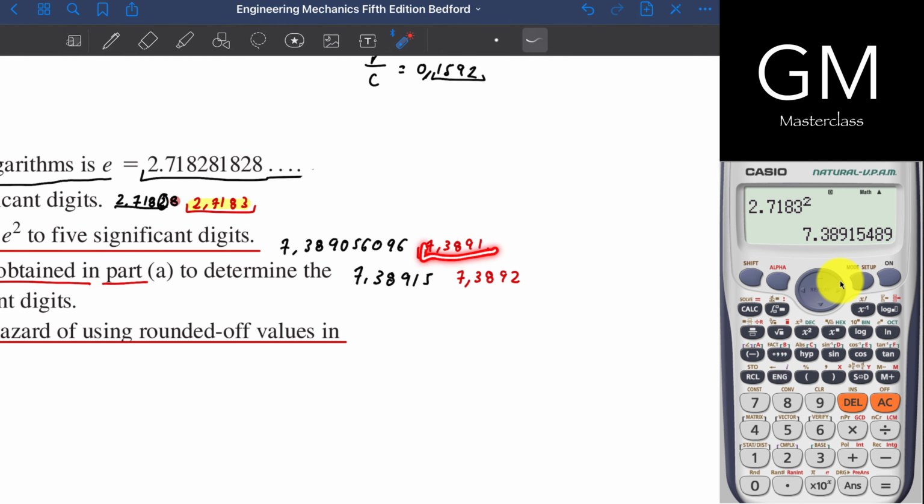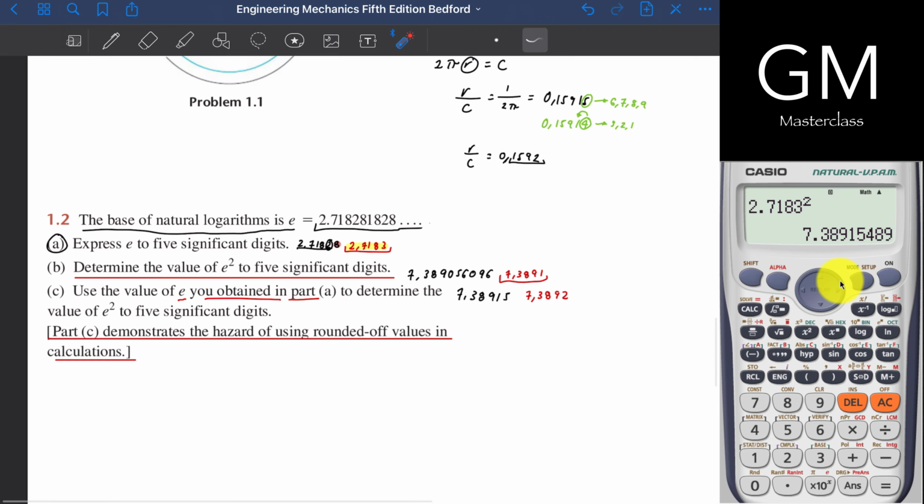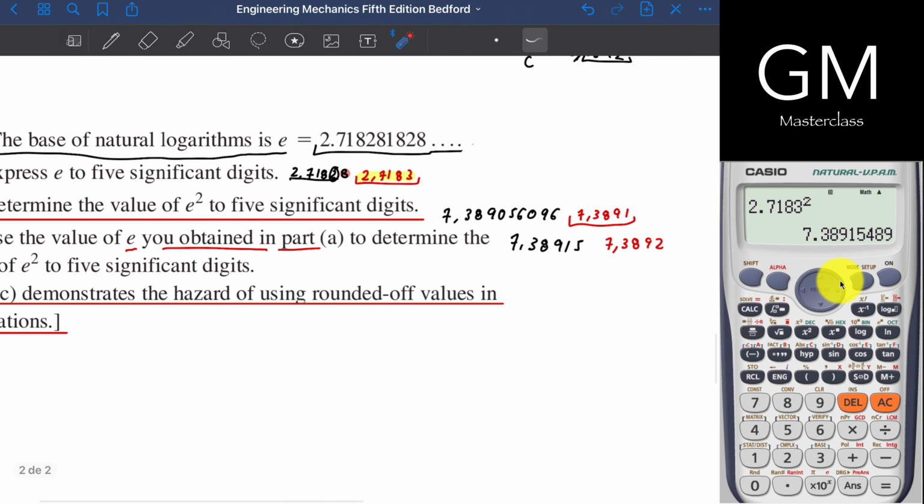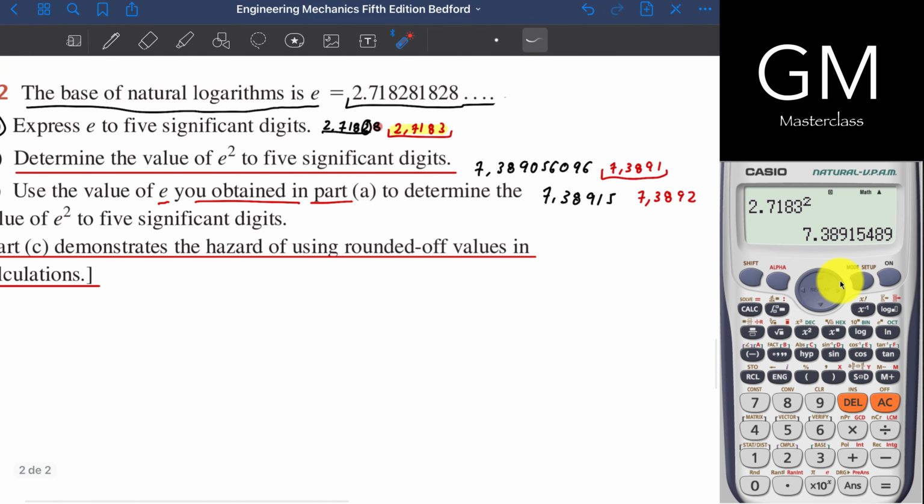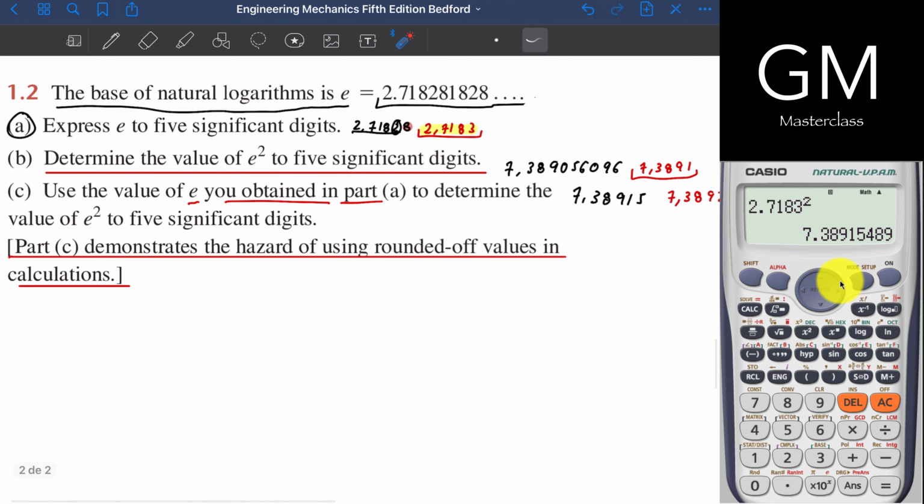This number is more accurate than this one. So that is actually the whole exercise. It was pretty easy.